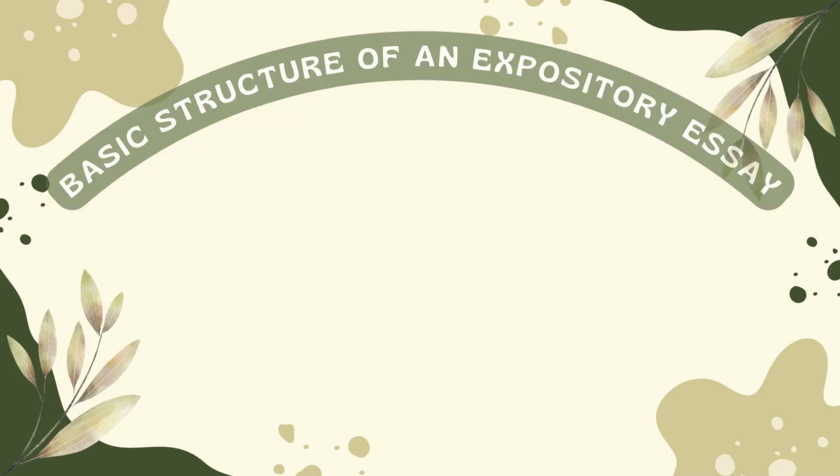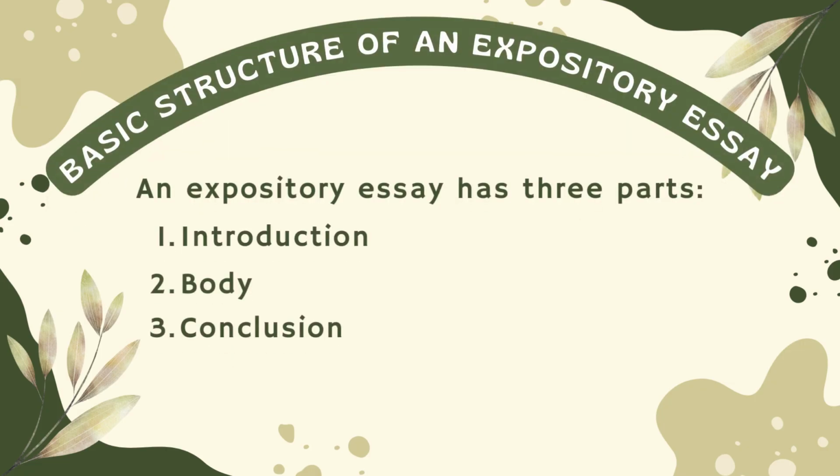Okay, and here is the basic structure of an expository essay. First, we have the introduction, body, and conclusion. Most expository essays follow three main parts, and each part has an important role in explaining ideas clearly. So, let us discuss each one.